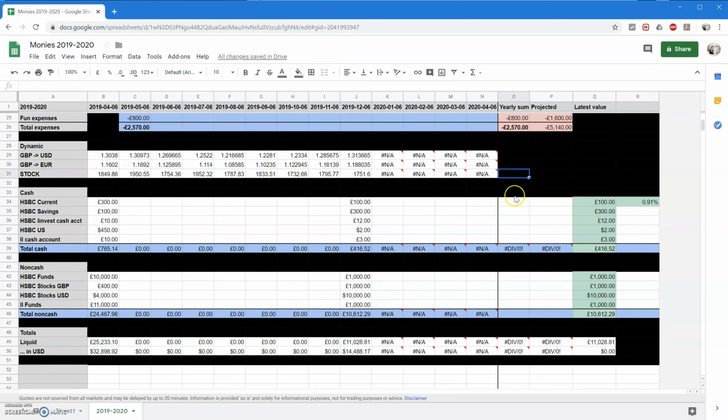I can actually reuse the yearly sum here to get the latest value minus the first value. So we see how much I have added or removed to this section.